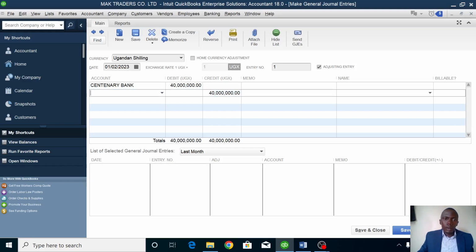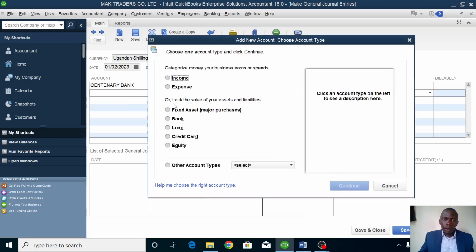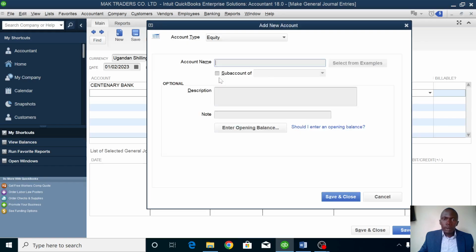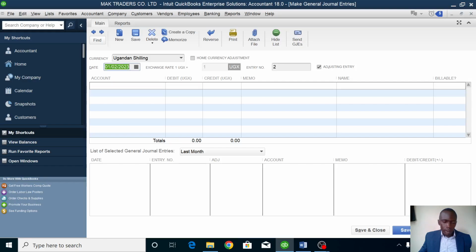So we are going to credit our capital, but we don't have capital, so we create it. It is under equity. We continue. Capital. And the description, you can say save and close. So it is saved. So go to save and new.